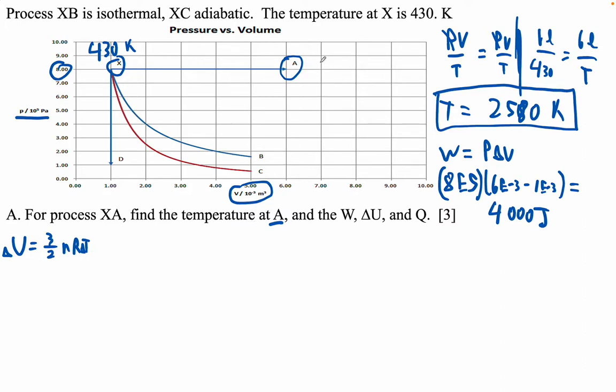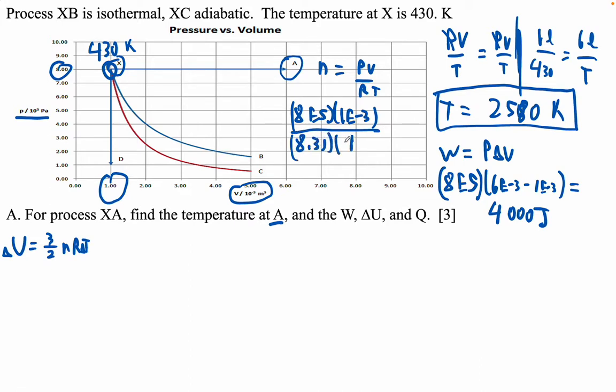What you're going to do is find from the ideal gas law the number of moles, which is going to be PV over RT, right? And then we know the temperature right there. So we're going to go 8E5 times 1 E minus 3. I'm just reading off the pressure and the volume, right? And then R is still 8.31. And then T is 430. So I'm just going to find the number of moles so I can use this formula.